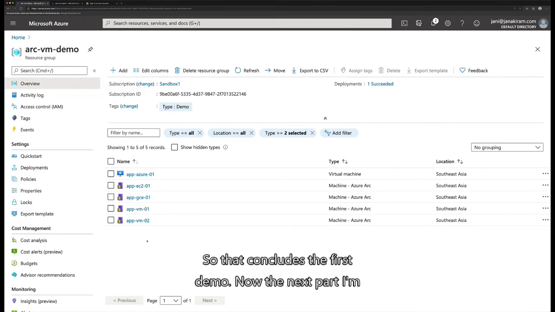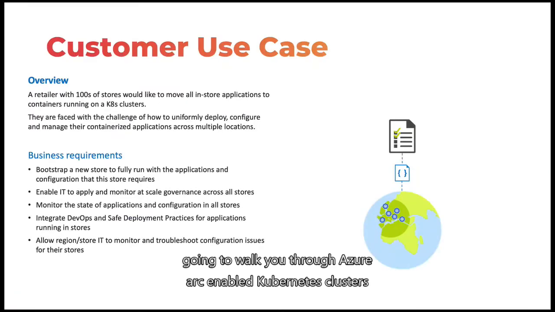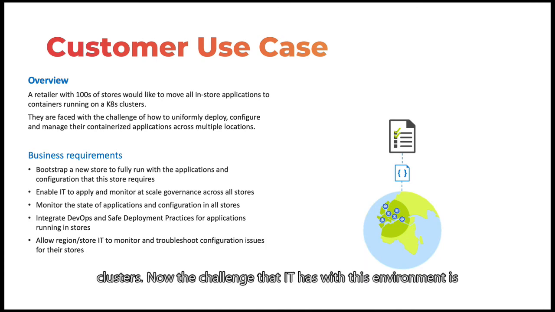Now the next part, I'm going to walk you through Azure Arc enabled Kubernetes clusters. All right, so right after the demo, let's understand another customer use case. Now imagine there is a retailer with hundreds of stores and all of them are running Kubernetes clusters.